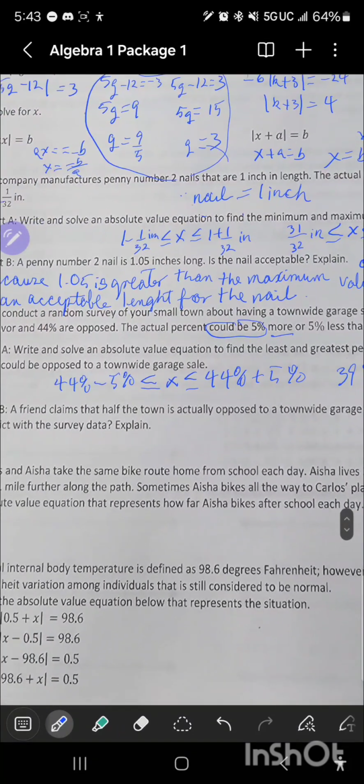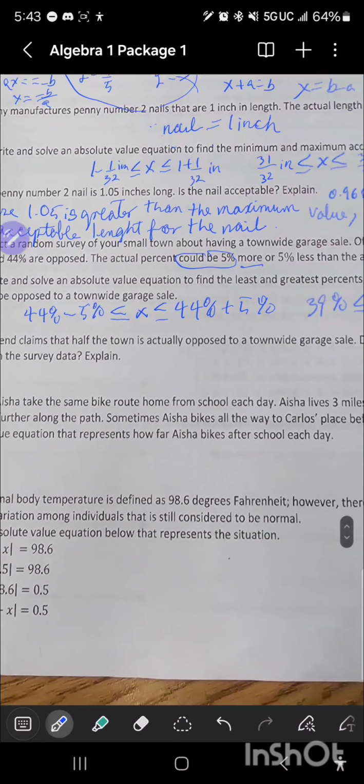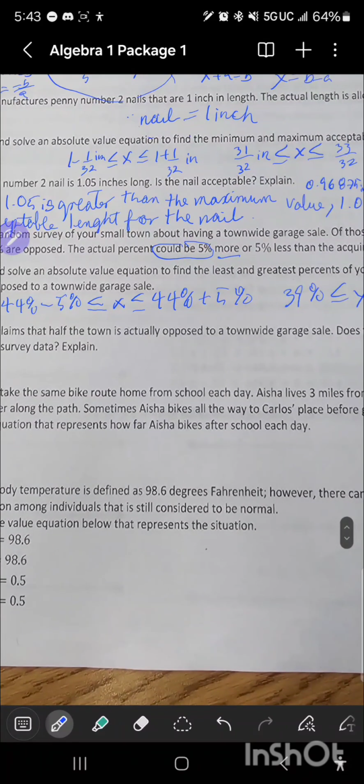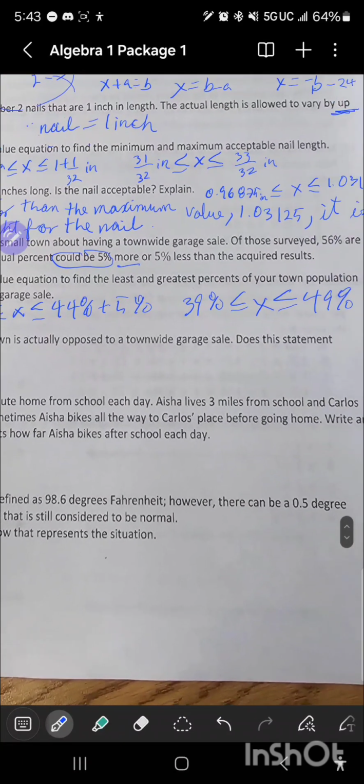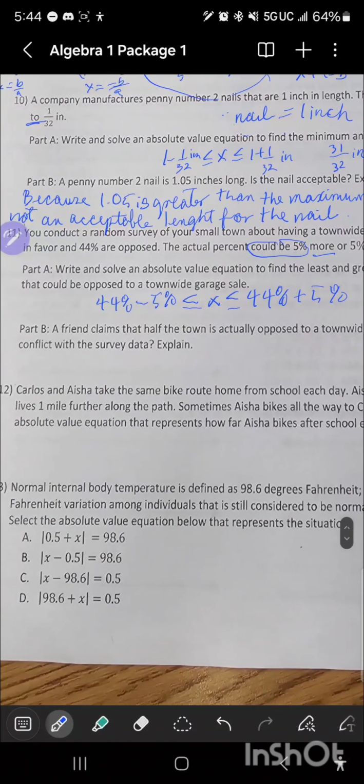Now, our friend claims that half the town is actually opposed to the town-wide garage sale. Does this statement conflict with the survey data? Explain.